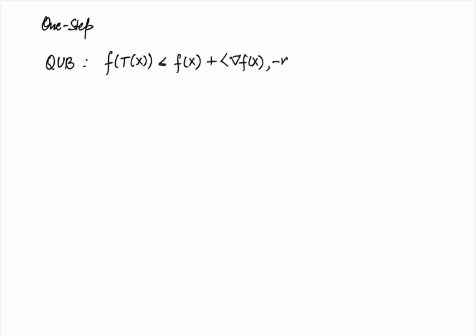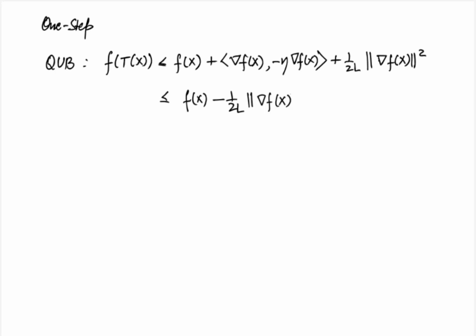In this case, we will actually obtain two one-step inequalities and then combine them. First, note that from the quadratic upper bound, we have that f of T of x is less than or equal to f of x plus gradient f of x comma minus eta gradient f of x plus 1 over 2L gradient f of x norm square, which is less than or equal to f of x minus 1 over 2L norm square of gradient f of x.